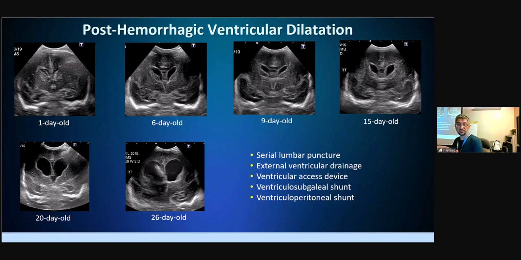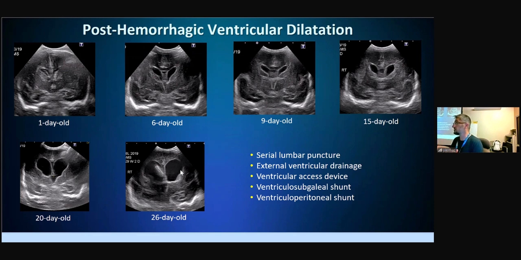So how do we do that? We have some tools to manage the hydrocephalus. For example, in this case, after the hemorrhage, post-hemorrhagic ventricular dilatation occurs, and you can see on the 20th day, the neurosurgery inserted a catheter. So we have some diversion options. So this is serial lumbar puncture because there's lots of CSF.